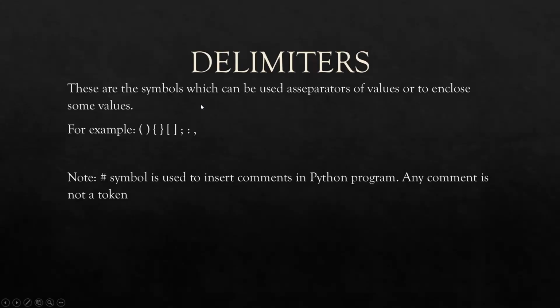So slowly and steadily, you will be learning about all the delimiters, where we will use the small brackets, curly brackets, big brackets, semicolons, colons, commas, and so on. You must make a note that hash symbol is used to insert comments in a Python program, but any comment is not a token. So if you are using hash symbol just to write a comment, then it is not considered as a token.